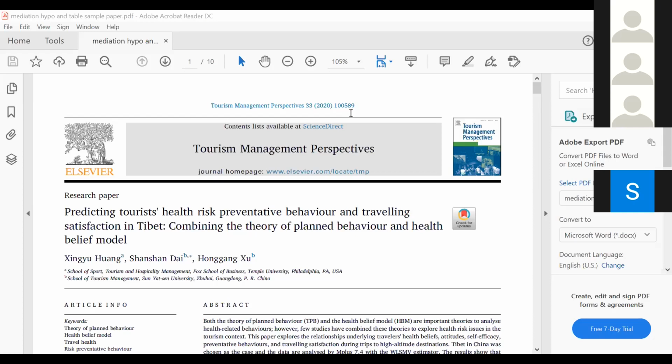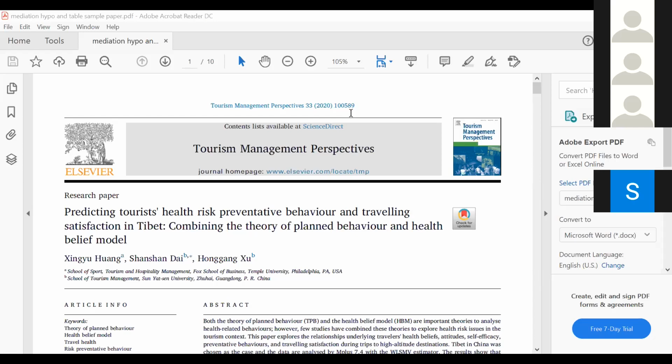Now look at the title. It will always tell the variable that you are studying, number one, and the place where you are studying. So, predicting tourists' health risk preventive behavior. Look at it. Health risk preventive behavior. When tourists go for travel, how many of them really even think about health risk prevention?